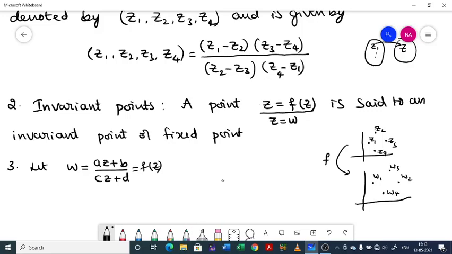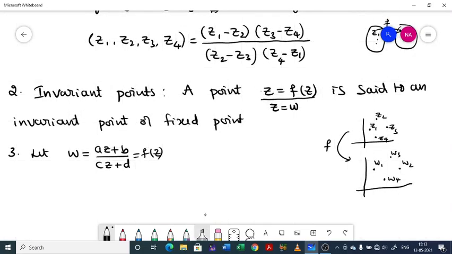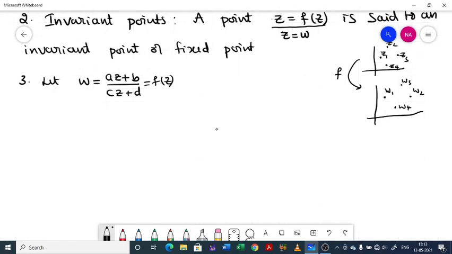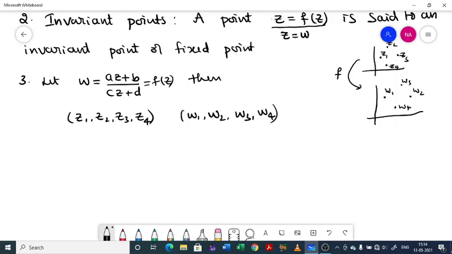Then the cross ratio of z1, z2, z3, z4 and the cross ratio of w1, w2, w3, w4 will be preserved, that means it will not change under the bilinear transformation.